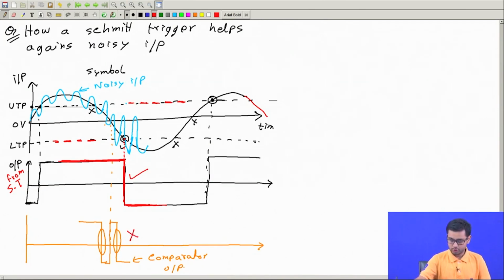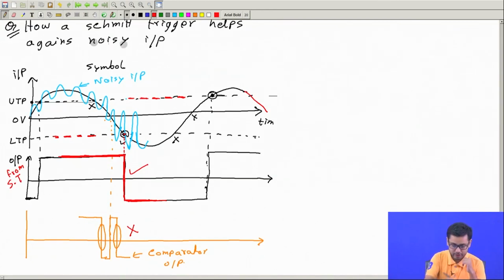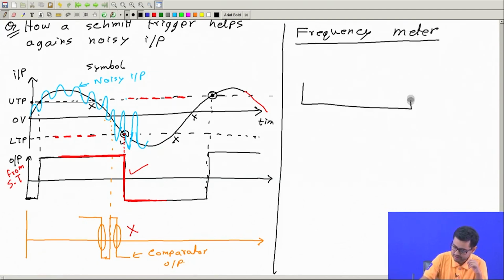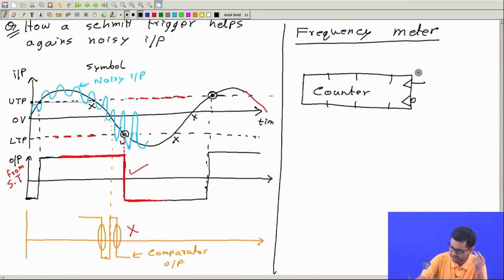Okay, so what do we have to then do? We have to do this. So if this is my count, going back to the frequency meter, this is what we are starting now. So we have a counter, it has many bits, it has the input clock, it also has the reset.